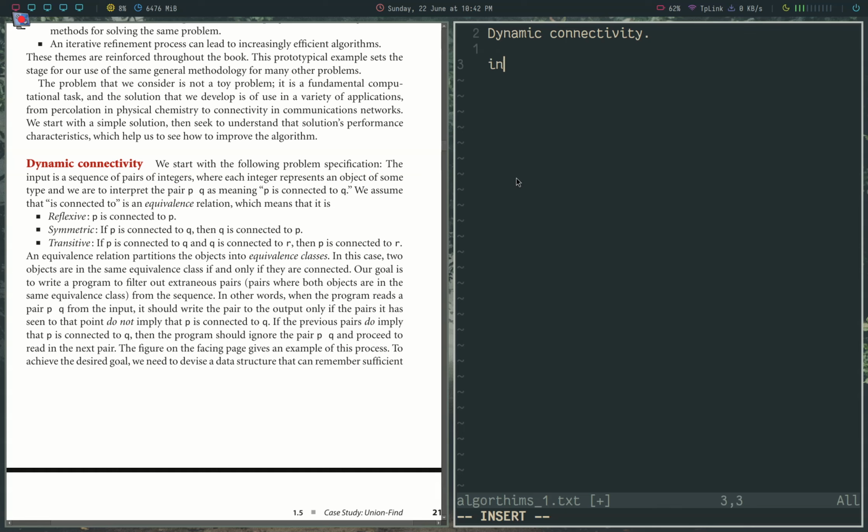It can be an integer, or people, or networks, that is nodes basically, and other stuff too. There is no hard and fast rule, as it says object.